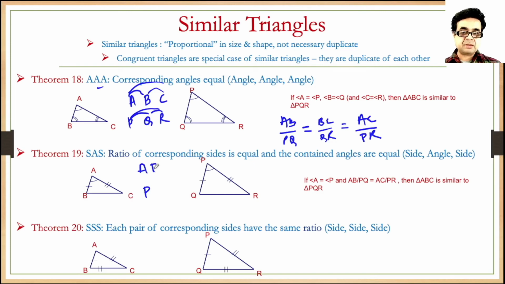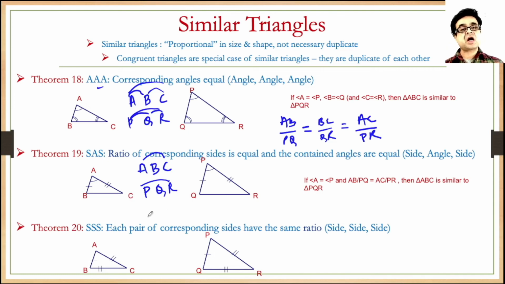So if I write AB, then I have to write PQ here. And the second thing I'm given is AB divided by PQ is the same as AC divided by PR, right? So AB divided by PQ and AC divided by PR are the ratio. So this is how I would write my triangles out, and then I can derive corresponding ratios.